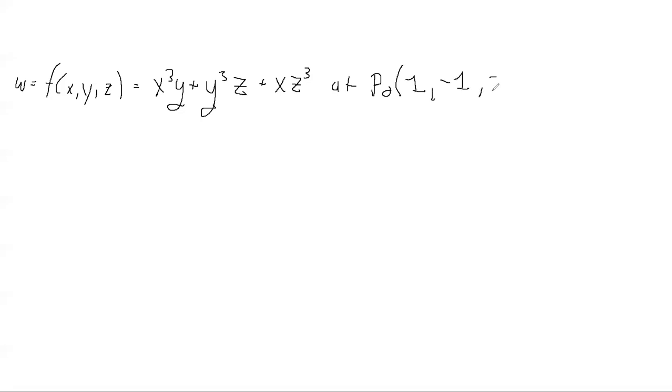So f of x, y, z equals, okay, I'm just writing the general expression that was given to us: x^3 y plus y^3 z plus z x^3, at the point (1, -1, 2, 5).